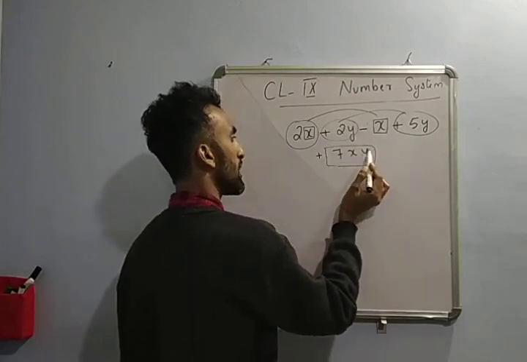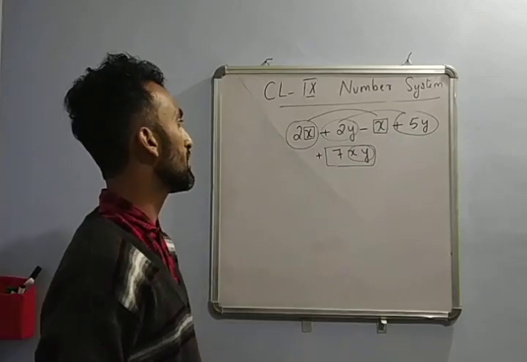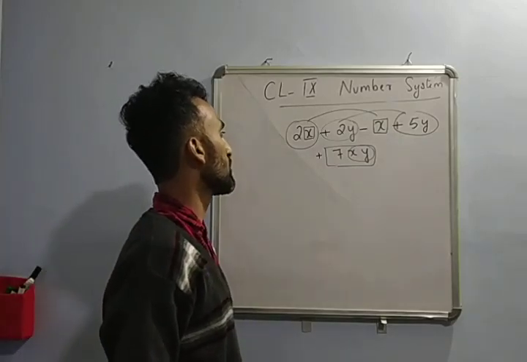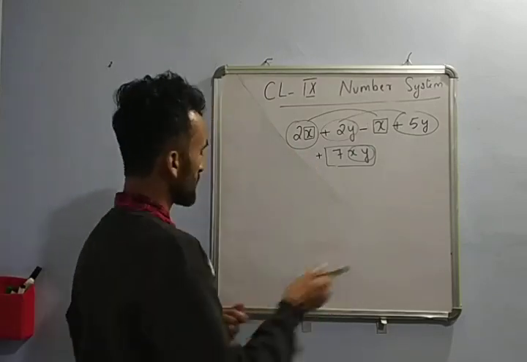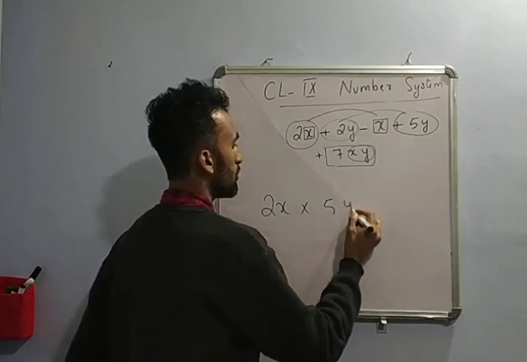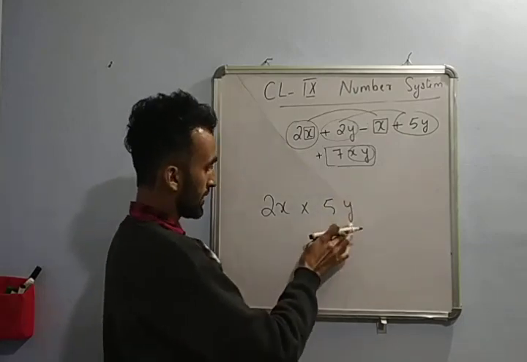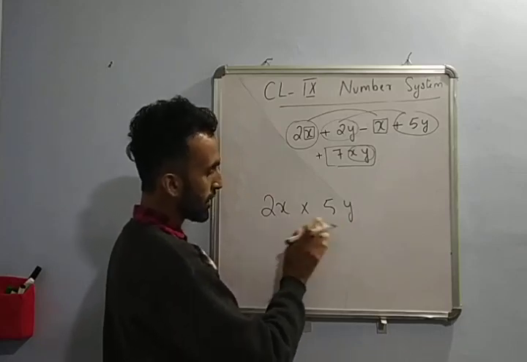Why? Because this is xy. The concept is this only. While multiplying we don't check x and x. Suppose I say 2x into 5y. This is x and this is y. We cannot multiply these two, we have to write as it is.